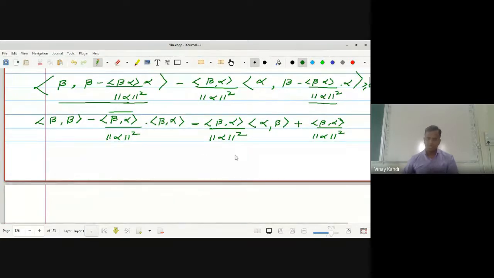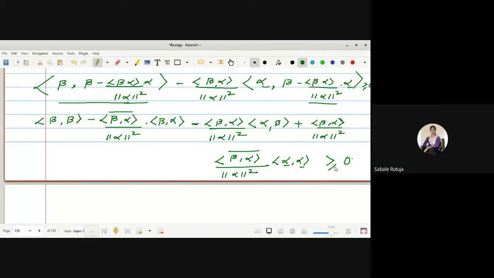So what we get here: inner product of beta alpha bar divided by norm of alpha square into inner product of alpha alpha. This alpha is here, and this quantity is what? Greater than or equal to 0. Any doubt? No, sir.